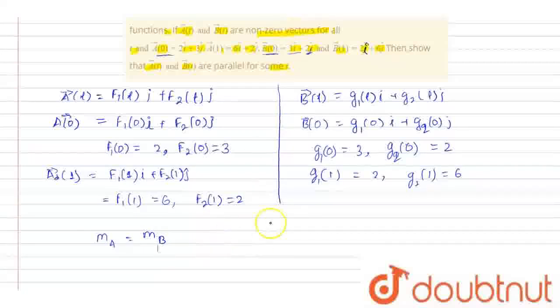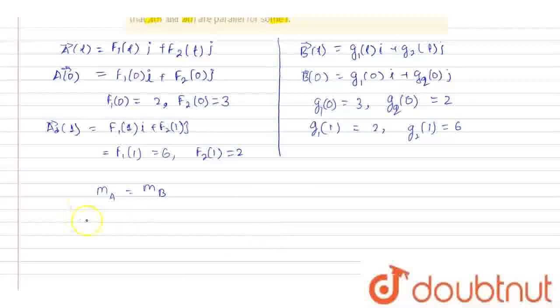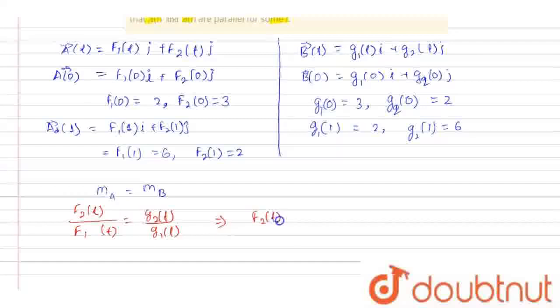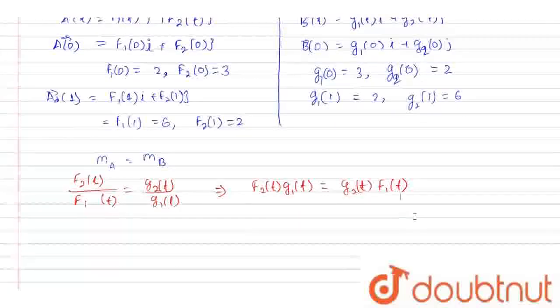So if we put in the values, f2(t) upon f1(t) is equal to g2(t) upon g1(t). By cross multiplication, f2(t) g1(t) equals g2(t) f1(t). Let us take h(t) as any point.